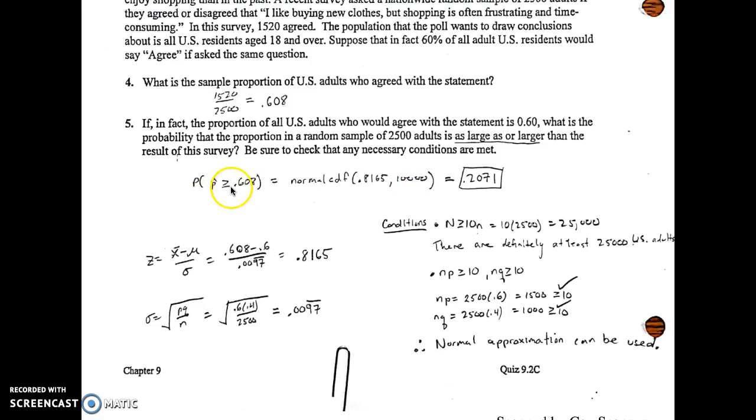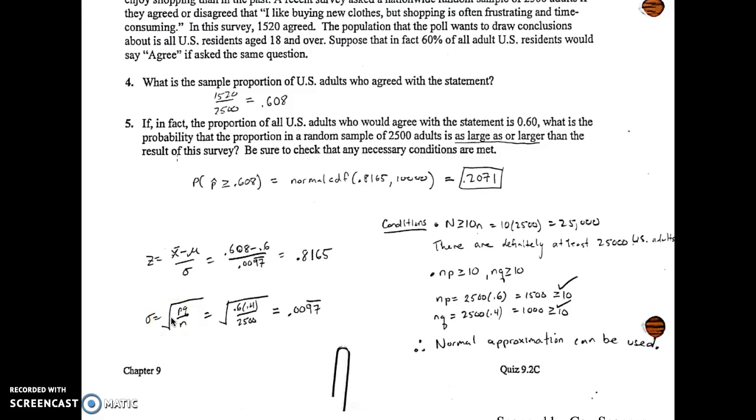It's up to positive infinity because it's greater than. So the way you find the z-score is you do the z formula, x bar minus mu over sigma. X bar is 0.608, mu is 0.6, and sigma is calculated down here by doing square root of pq over n, like we did earlier in the quiz.